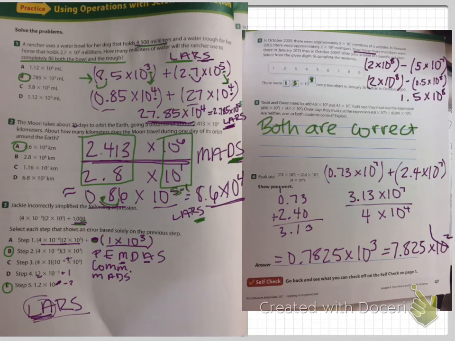And what happened was she added instead of multiplying first. She added her 1 and her 2 together, and she got this. That's why that's incorrect. You're supposed to multiply when you're following PEMDAS first, and you're supposed to add last.